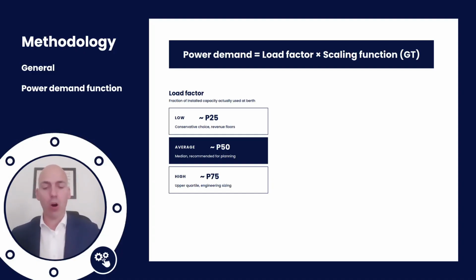But also because we know from not just experience, but what we see in the data and other sources, there's no real need to do such a statistical analysis, because then we would be very efficiently doing something that's not effective. But we do say the low, the average, those are the places I would go when developing shore power projects. The high one, that's mostly for engineering and sizing.